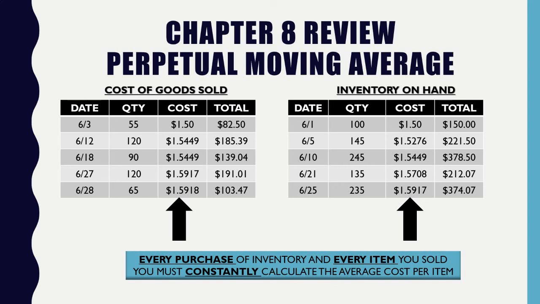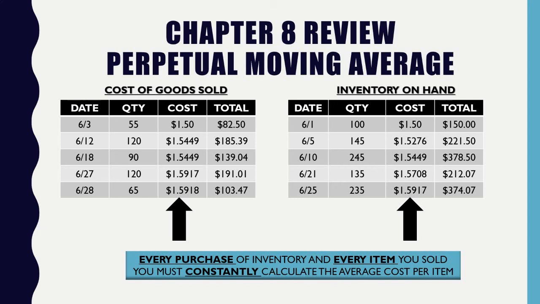So we need to calculate how much it is going to cost per item, spreading the cost evenly across the total amount of items available to sell. And every time I sell my product and subtract out my inventory, I get a new total quantity and a new total cost, which means I then have to recalculate my average cost per item.